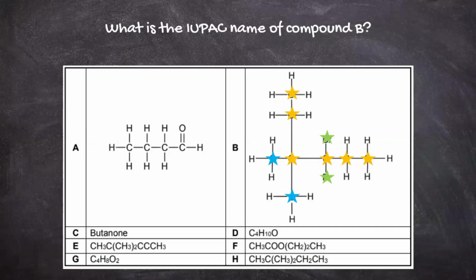Are there any more questions about how we got to this name? The 3,3-dibromo-4,4-dimethylhexane.